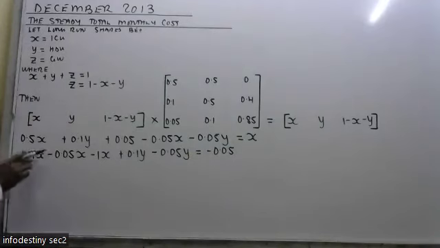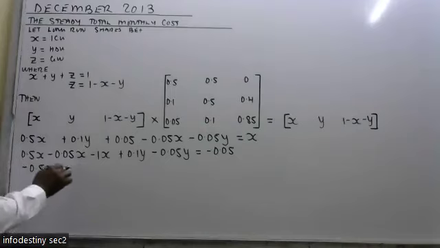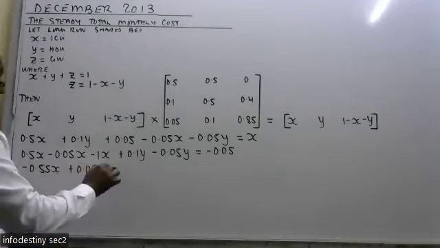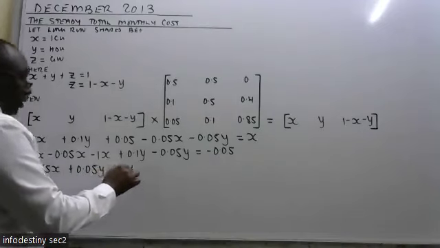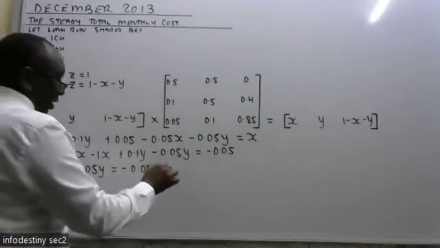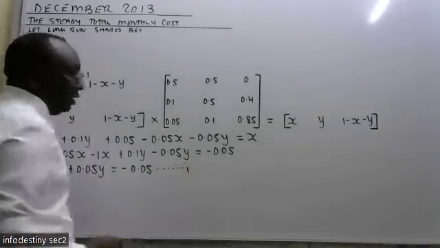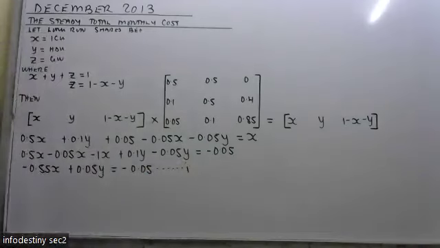So when you subtract, you are getting negative 0.55x plus 0.05y is equal to negative 0.05. And this one, you call it equation 1. So create equation 2 on your own.